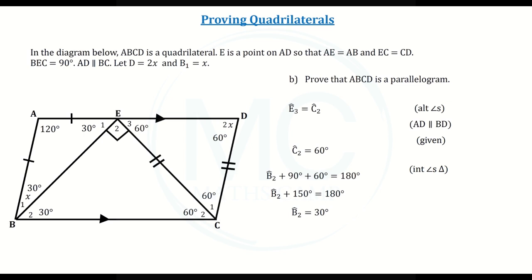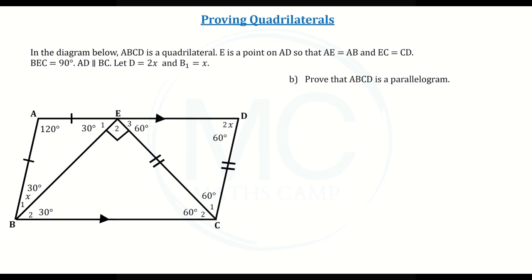Now we found the interior angles of ABCD. So let's see if we can prove that opposite angles are equal. Let's make some space. We know that A is 120 degrees. So let's make a note. We can say angle A is equal to 120 degrees. Angle C lies directly opposite angle A. So we can say angle C is made up of angle C1 plus angle C2.